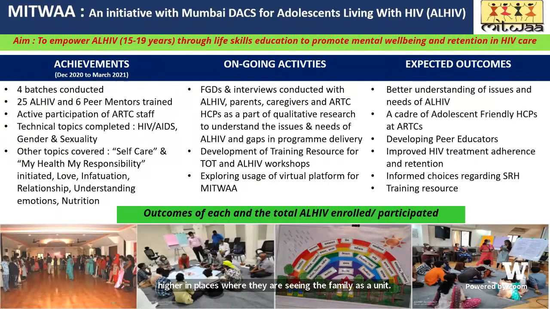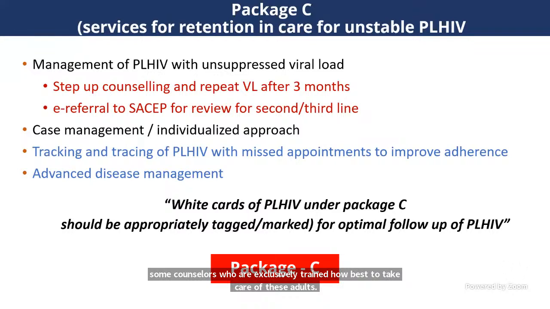Right. And some states also look at adolescents whenever they come to an ART center. They identify peer groups or peer leaders who give them some sort of messaging. And there are also some counselors who are exclusively trained on how best to take care of these adolescents. So states can start trying this out.